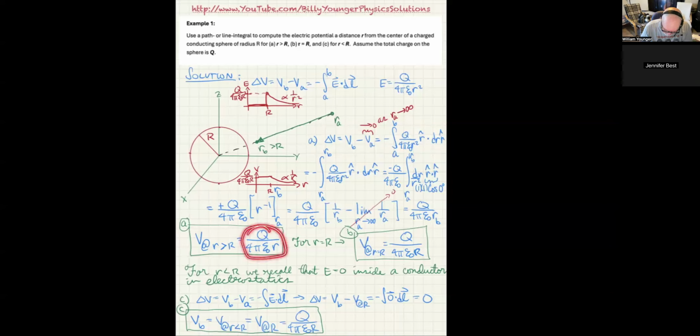The voltage a distance R away from a charge Q, if it's spherically symmetric, or if it's just a point charge, is automatically Q over 4 pi epsilon naught R. So, one, notice it is a scalar quantity, and two, notice that its strength falls off like 1 over r, whereas the strength of the electric field fell off like 1 over r squared, at least when you're dealing with point objects or large distances away from spherical charge distributions.